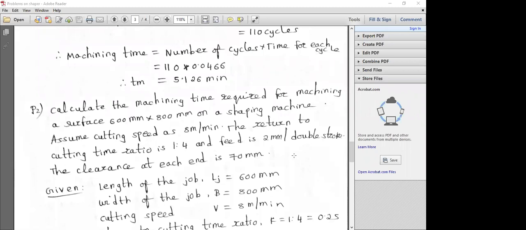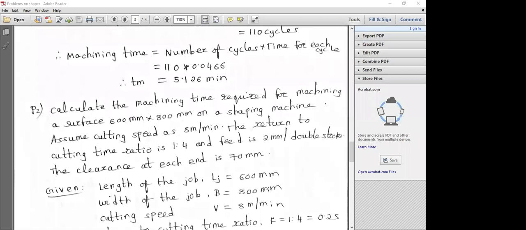So what is the second problem? The second problem is to calculate the machining time required for machining a surface of 600 mm. What is 600 mm? It is the length of the job. In some problems notations like LJ for the length of the job and BJ for the width of the job are written. You don't have to write this, but it follows the standard textbooks.